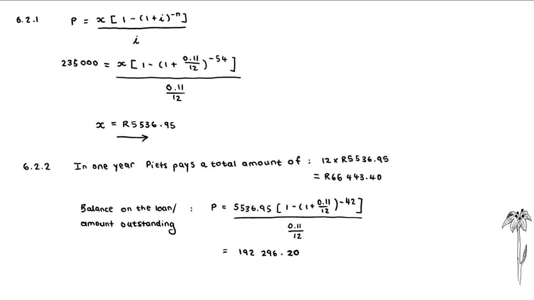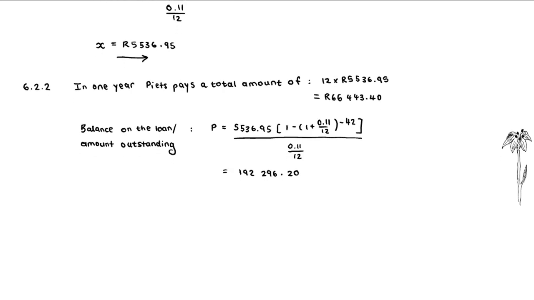So now the amount paid off in 1 year is the total loan amount, so loan minus the balance.